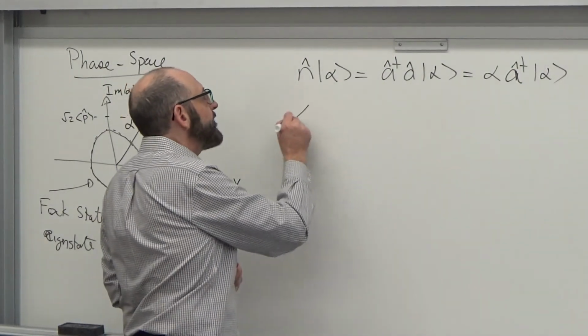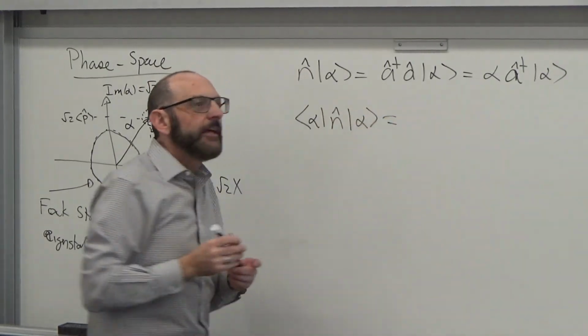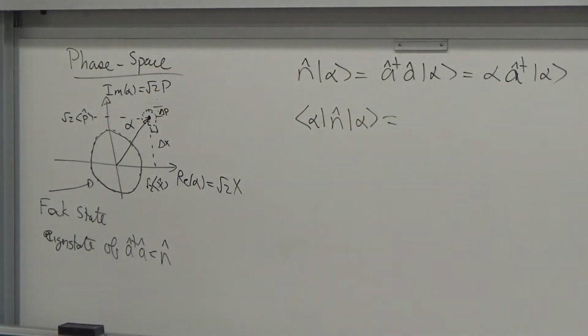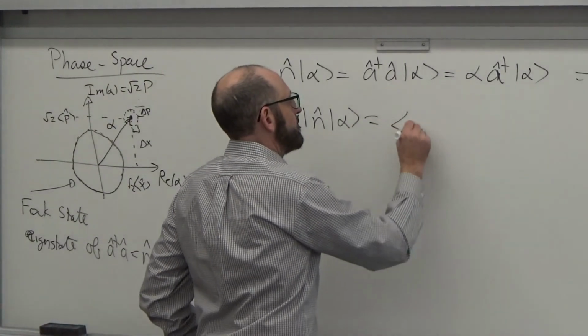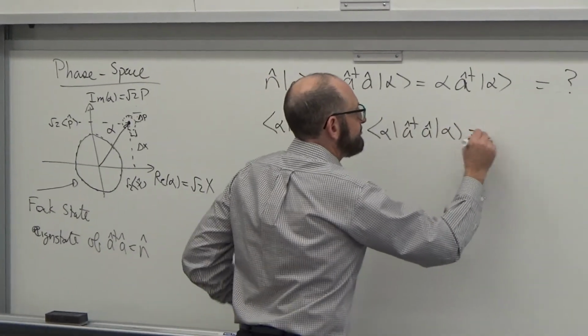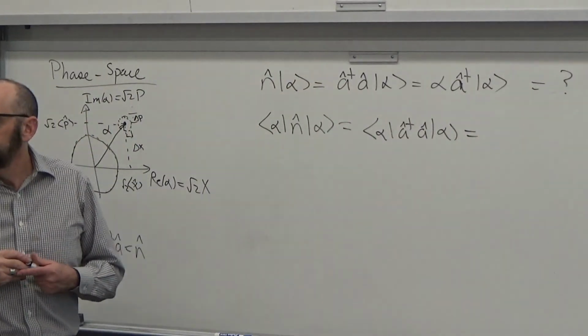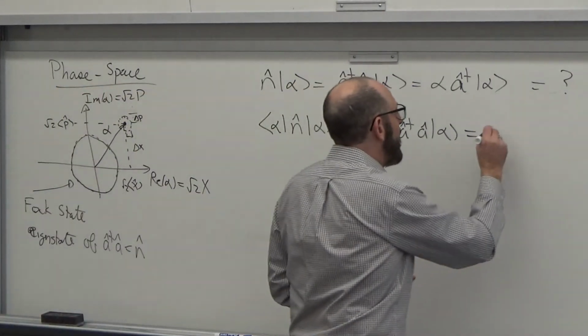But we can ask the following question: what is the mean number of photons in the mode given a state that is a coherent state? What's the answer to that? Alpha times alpha star, or alpha squared.